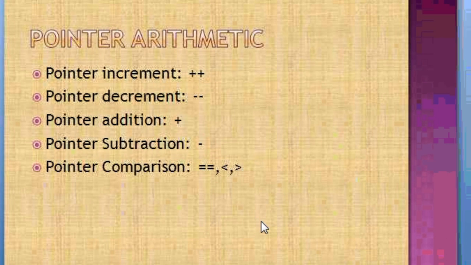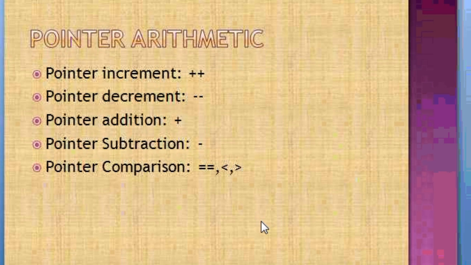When we write i plus plus in the program, it increments the value of i by 1. If i has value 0, it increments the value by 1, so the value of i will be 1 now.